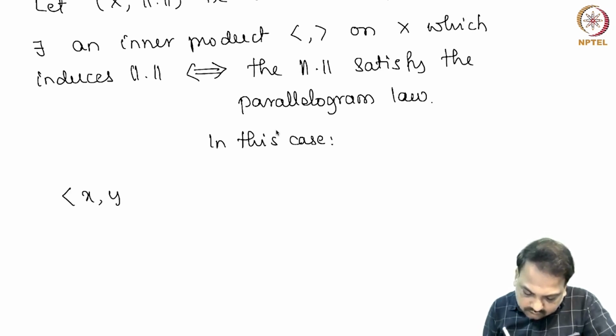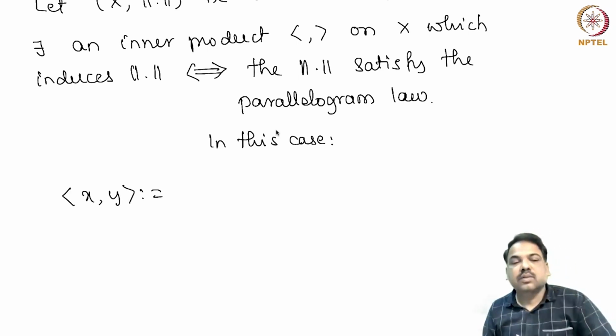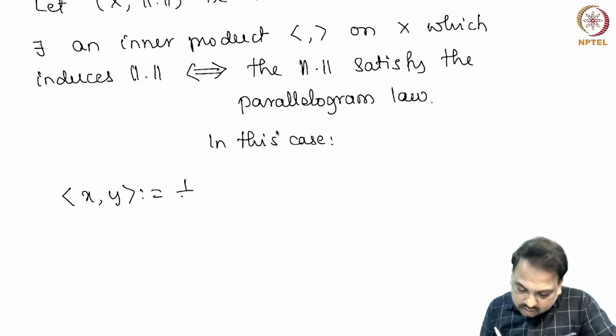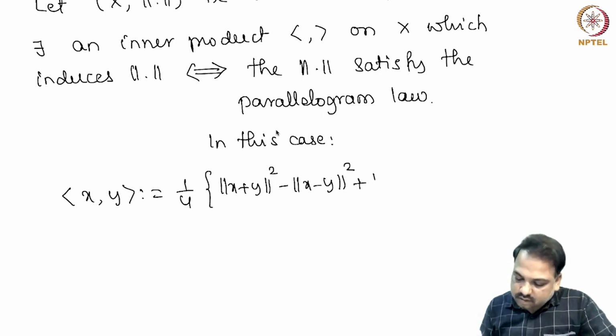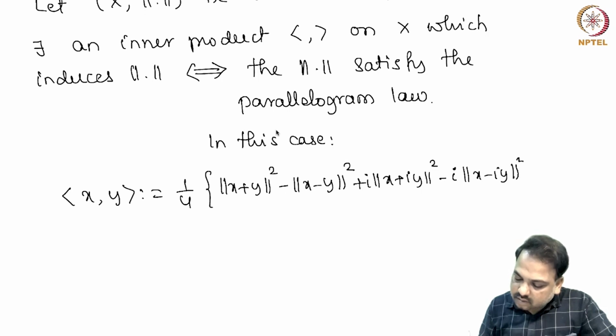The inner product of X with Y can be given by the polarization identity, that is nothing but 1 by 4 times norm X plus Y squared minus norm of X minus Y squared plus i times norm X plus iY squared minus i times norm X minus iY squared.